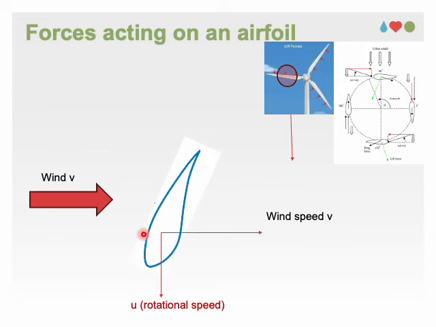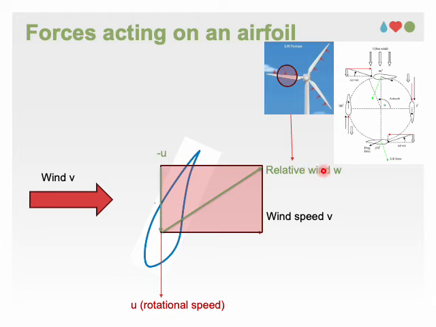This wind is called relative wind, as shown here by W with green color arrow.